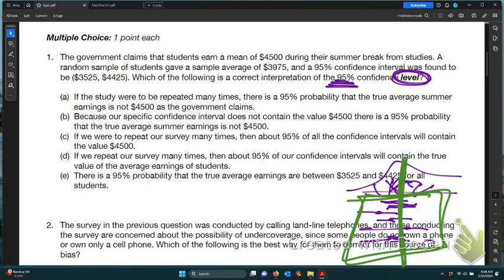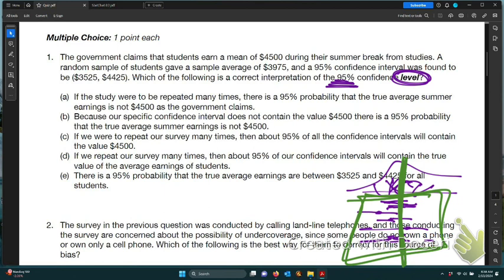So, in this question, we have the interval, 35.25 to 44.25. That interval is the interval that we think contains what? The true value. Do I really care what they claim it to be?